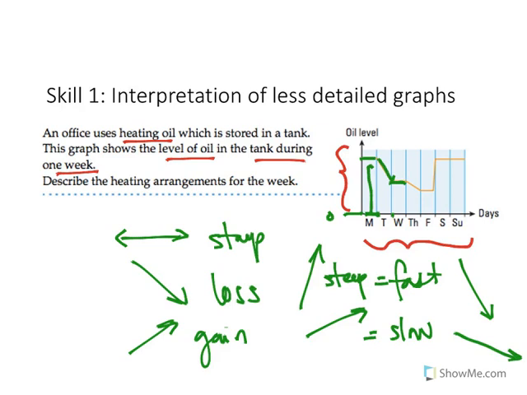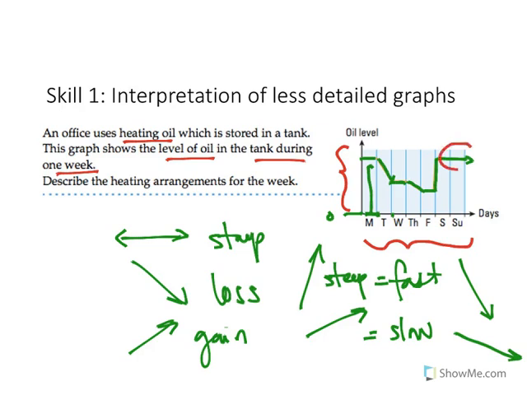And then on Thursday, it dropped again, and it looks like it's about the same level of steepness as on Tuesday. Friday, it stayed the same. And then look what happened on Saturday. It rose up really fast. It's almost like they added oil to the container because they said, oh my gosh, we're losing oil, we need to keep the heat going. Then across Saturday and Sunday, it stayed the same.